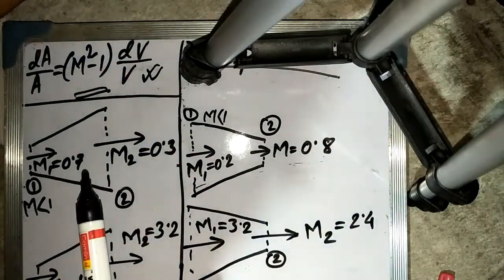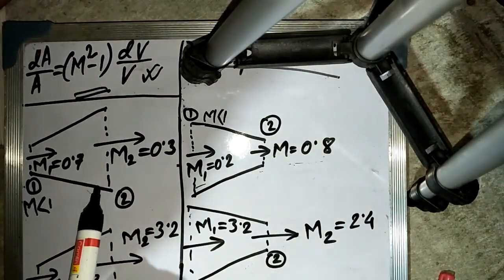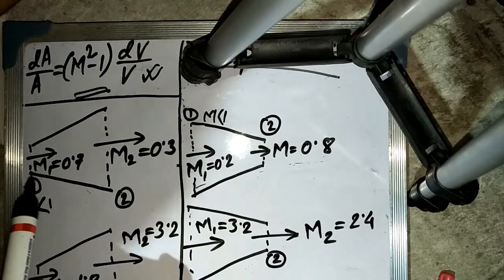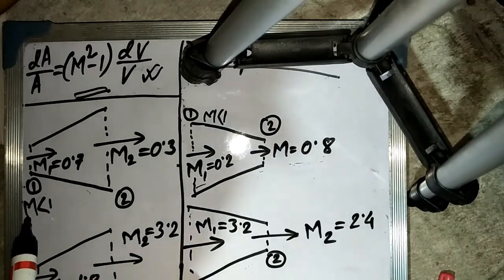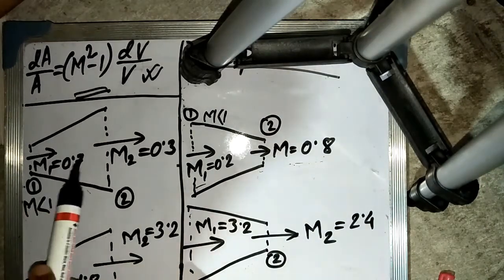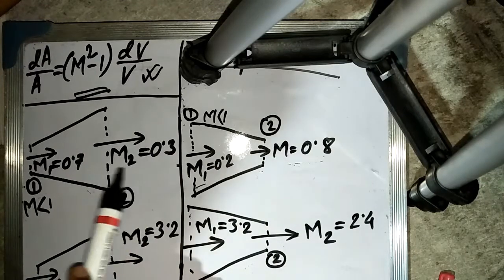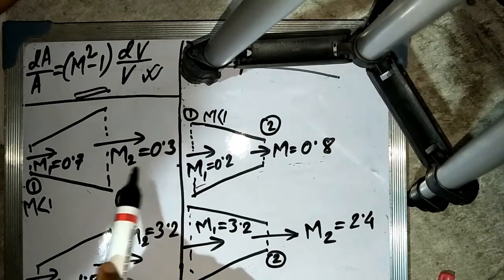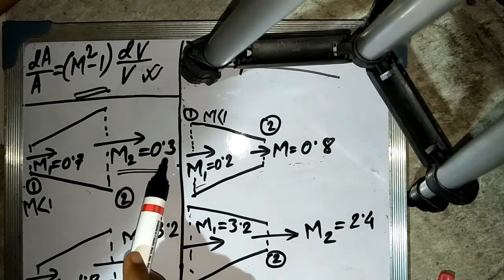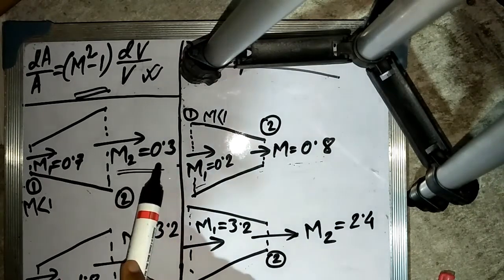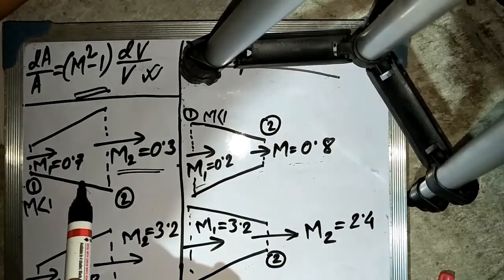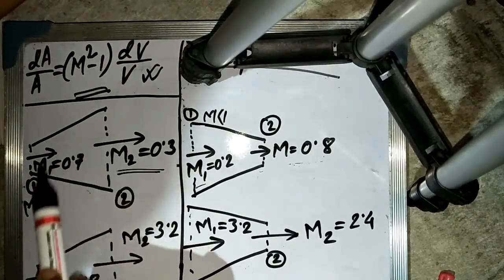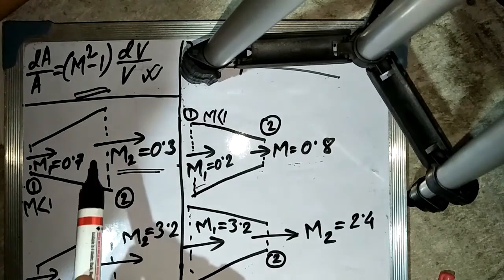Now come to the second case. This is the divergent duct and the inlet Mach number is less than 1, and the Mach number decreases at the outlet, M2 is 0.3. So the divergent duct acts as a diffuser.